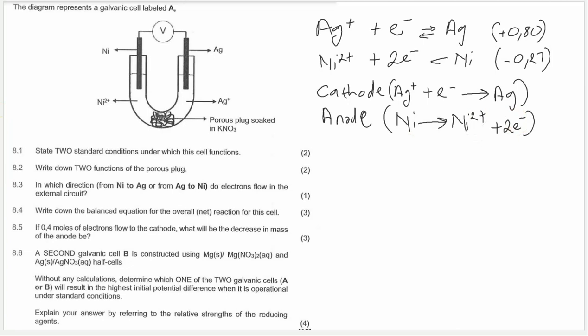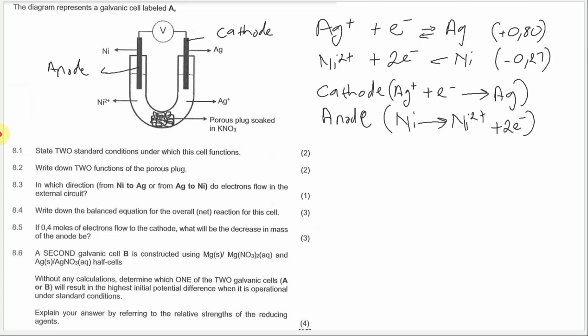So now that we identified our anode and cathode, we can indicate it on our diagram. That means this side of the cell will be anode, and this side of the cell will be cathode. And you can also identify the direction of the electrons.